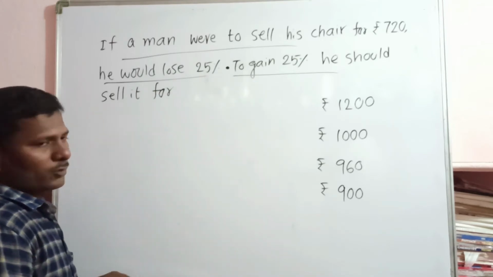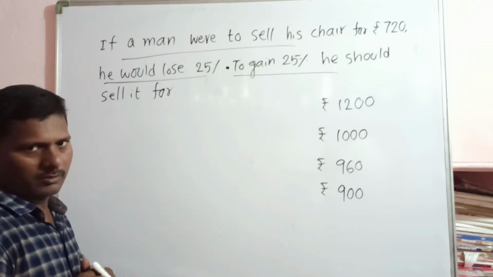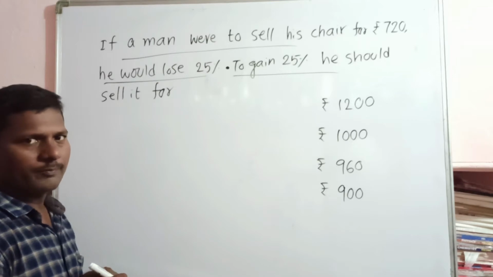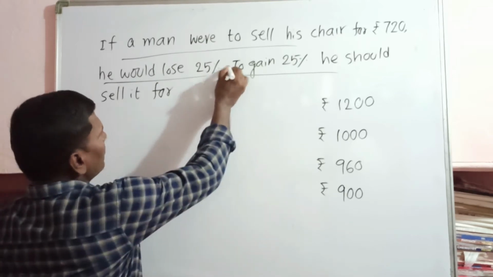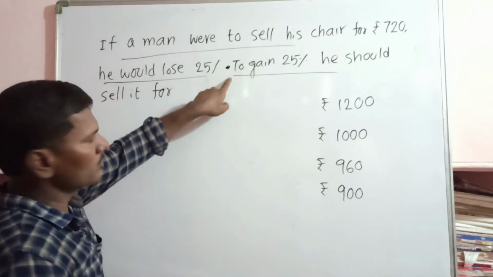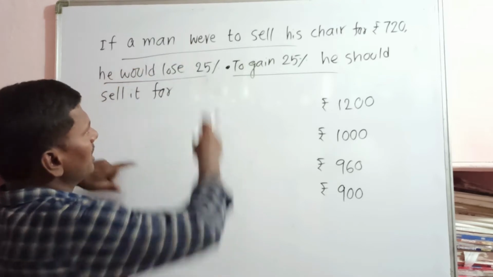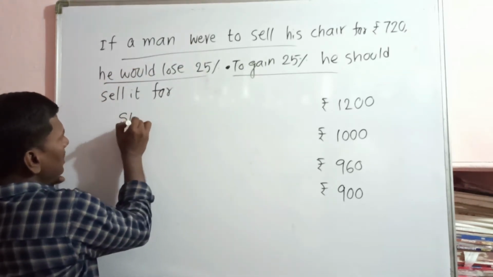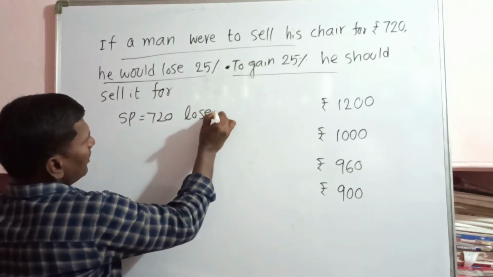To solve this type of question, first observe that every question has two parts. One is the information part and the other is the question part. From "if" up to the full stop, we have the information part. Selling price is 720, loss is 25%.